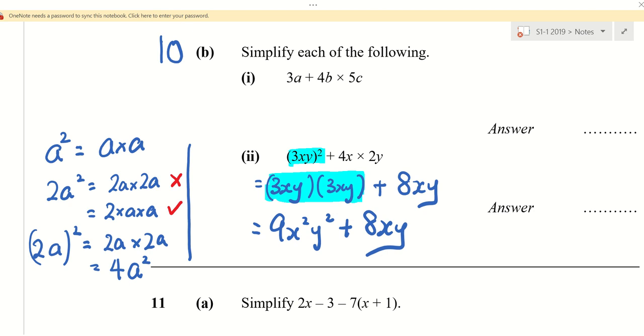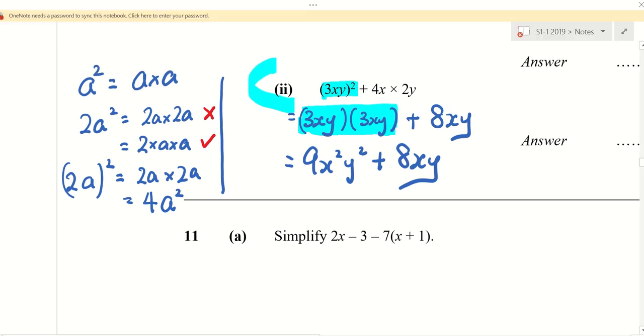Times. The space in between means what operation? When I say 3x, is it 3 plus x or 3 times x? Times. So everything is times actually. So if I were to break it out, this is actually 3 times x times y times 3 times x times y.